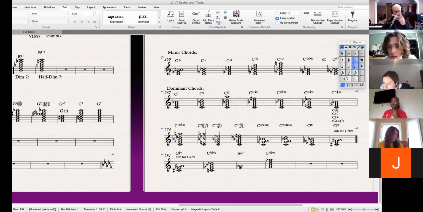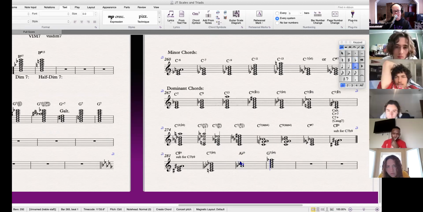So let's build the A flat diminished. What's the next note? What's the third? C flat. C flat. This is tricky. The fifth.